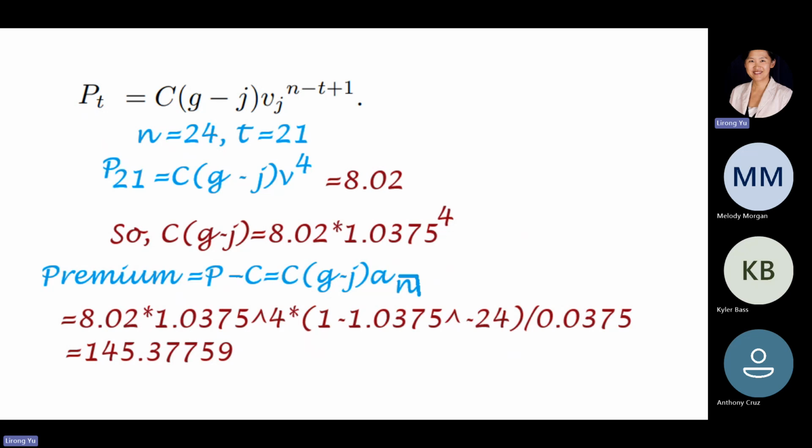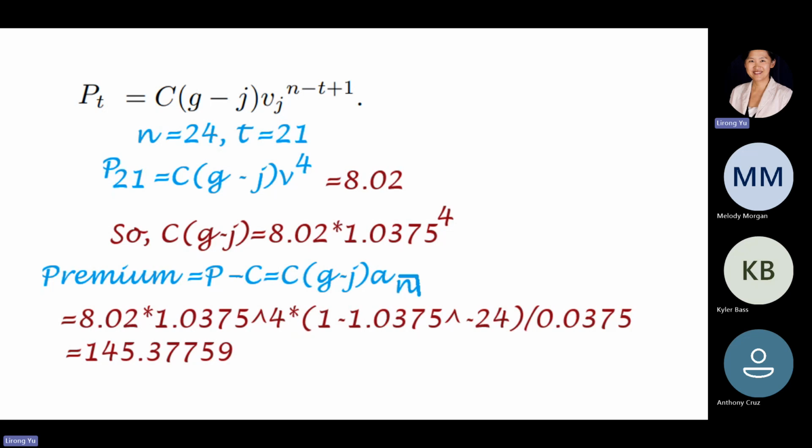So PT equal to C times (g minus j), v to the power n minus t plus 1. Now n equal to 24, the total number of payments. The time we're looking at is the 21st payment, t equal to 21. So we fit all that into the formula. When t equal to 21, P21 equal to C times (g minus j), v to the power 4, and that equals 8.02. We got that. All right.